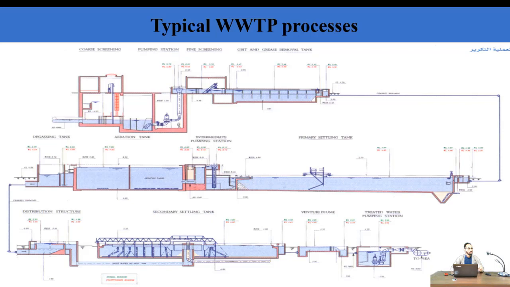After that, it goes to the chlorination unit in the third row, after the secondary clarifier. The flow will go to advanced treatment, or tertiary treatment, related to disinfection.